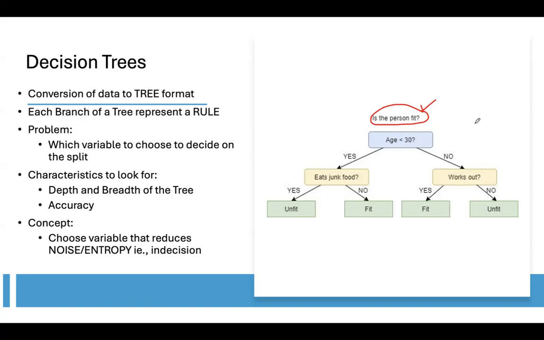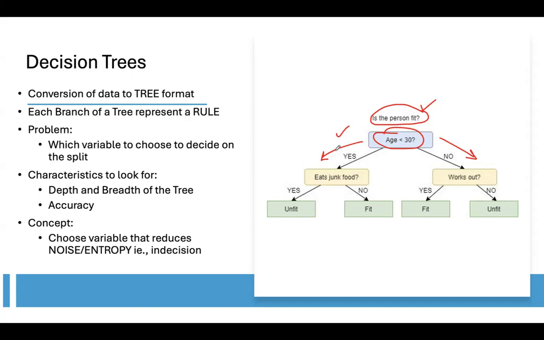In this case, we want to decide whether a person is fit or not, so we'll be asking some questions. The first question is about the age of the person. Is the person less than 30 years? If the answer is yes, you follow the left branch. If the answer is no, you follow the right branch. That's the first question that you ask.